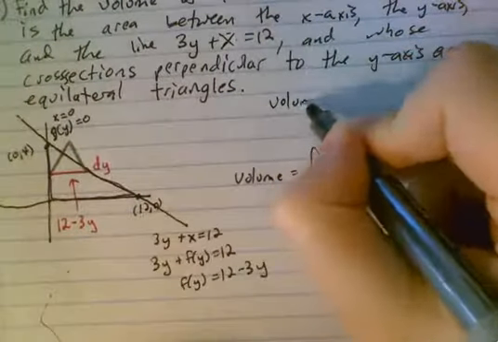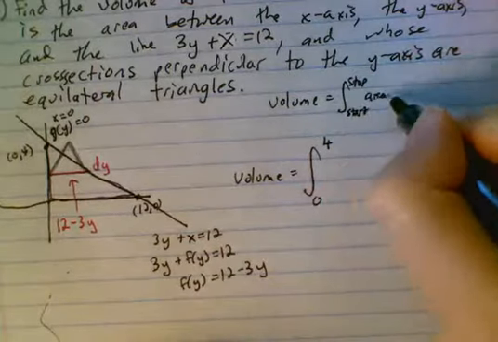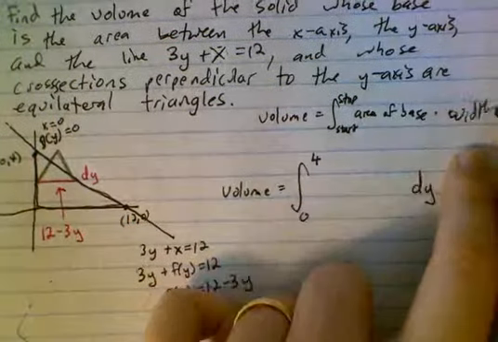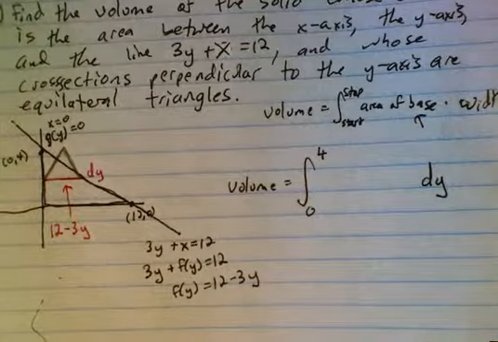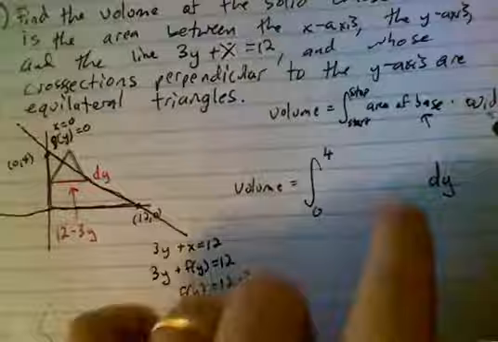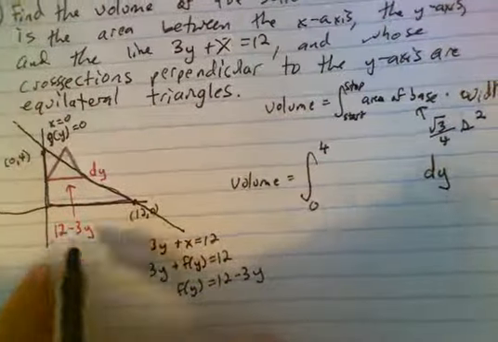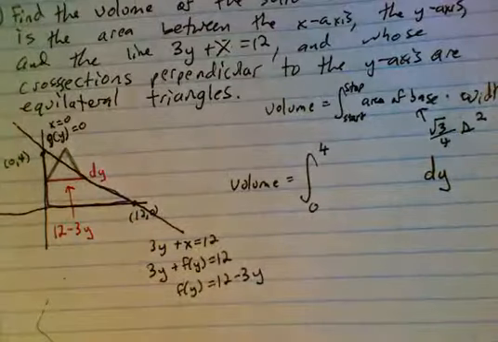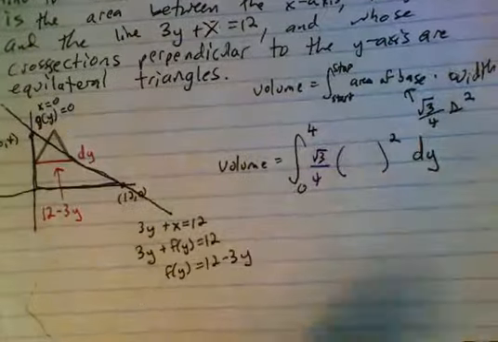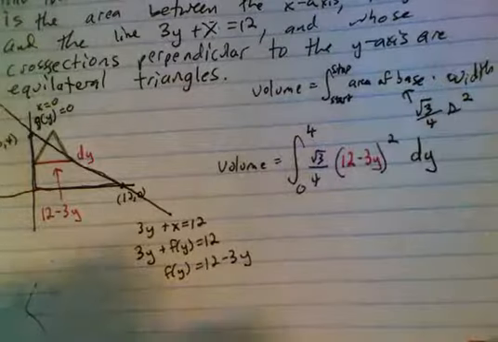I'm going to set this up. If we look way back over here, the area of an equilateral triangle is root 3 over 4 s squared. We can see that our side is this 12 minus 3y. So I've got root 3 over 4 side squared, 12 minus 3y.